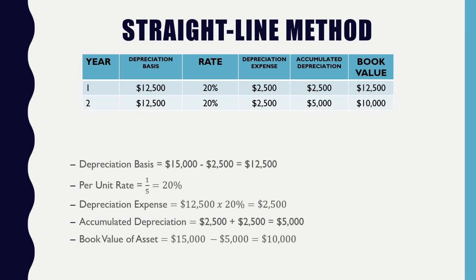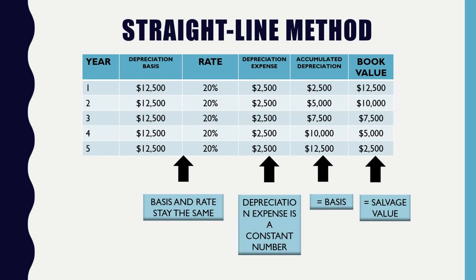Good. So notice we just calculated the second year, and notice how everything is looking the same. At the end of the 5 years, your first 3 columns are going to look identical. Meaning your depreciation basis, your rate, and your depreciation expense are going to look identical.